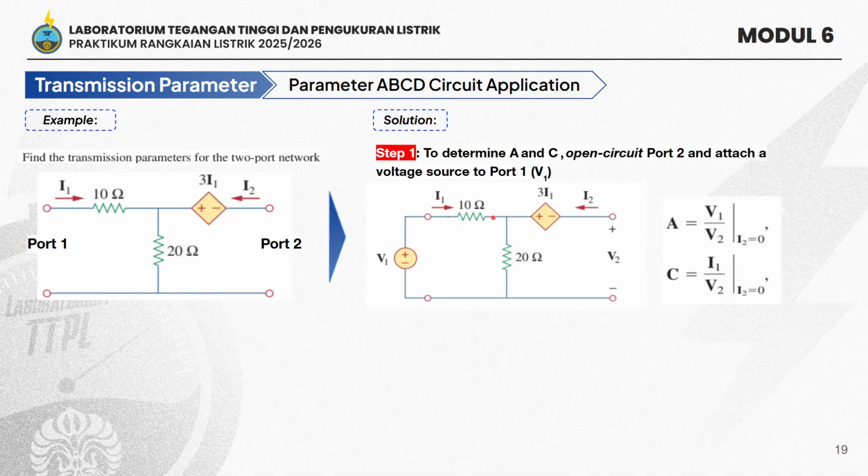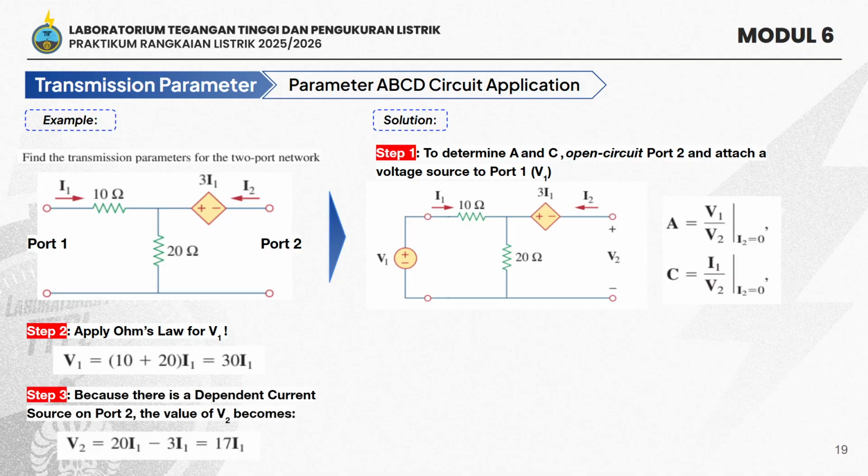Okay, for the application, we have an independent source and a voltage dependent source. We apply open circuit to port 2 and attach a voltage source to port 1 to determine the A parameter and C parameter. We apply Ohm's law to determine the voltage at the input port, which equals 30 times the current in the input port.